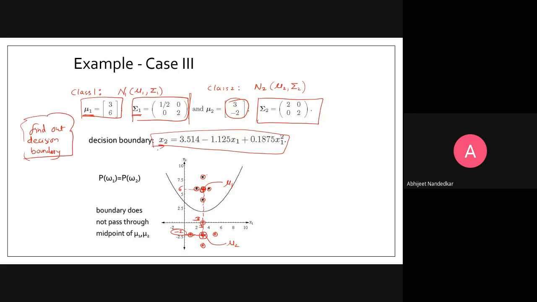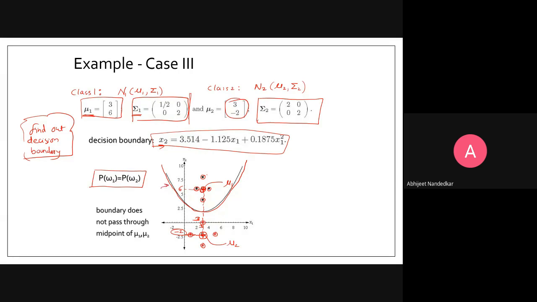The answer is here. The decision boundary is given by this, and this parabola is actually the decision boundary. One more piece of data given to you is that the priors are equal. Then how will it look? The answer is, it will look like this.